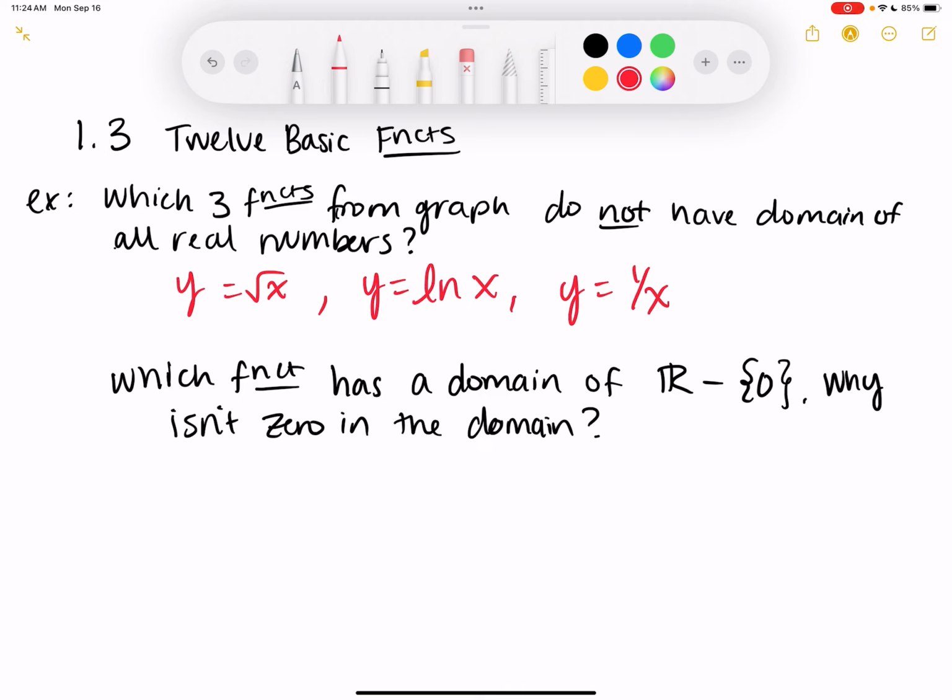The reciprocal. Yep, the reciprocal one. It would be undefined at x equals 0. There would be a vertical asymptote there.